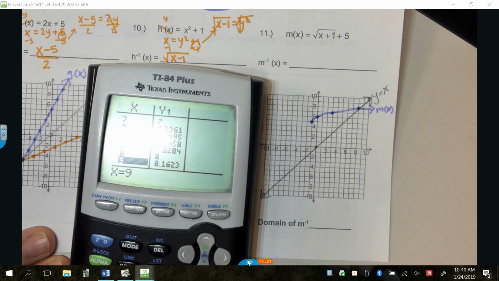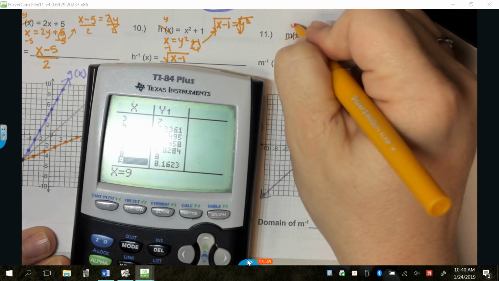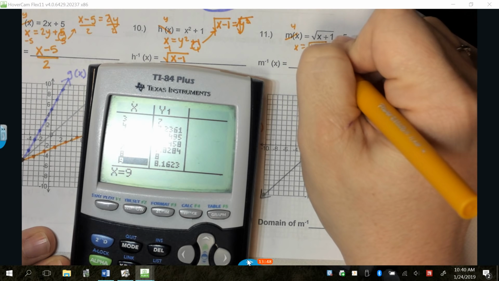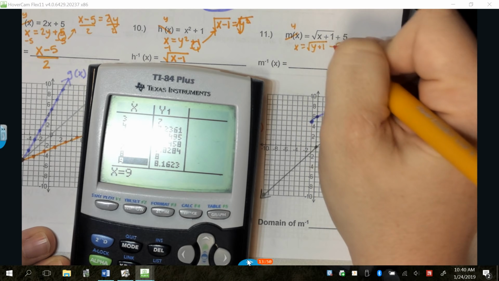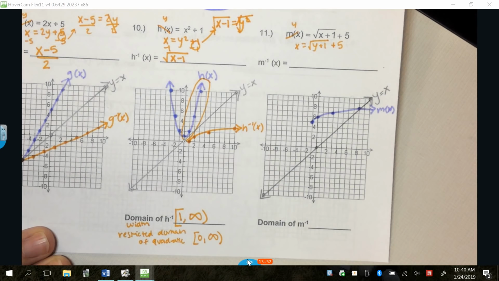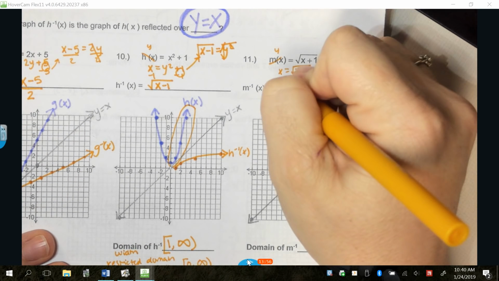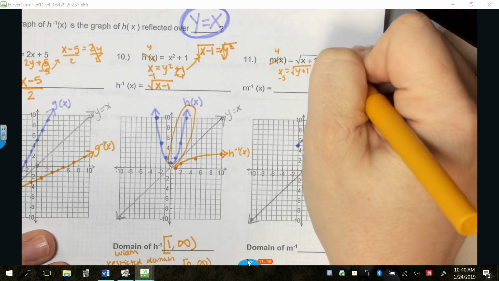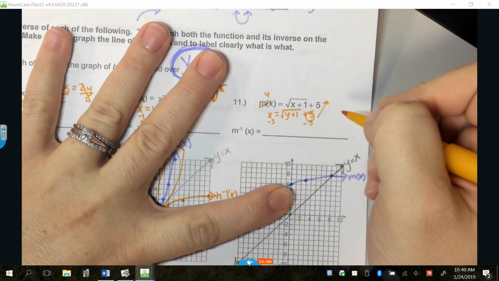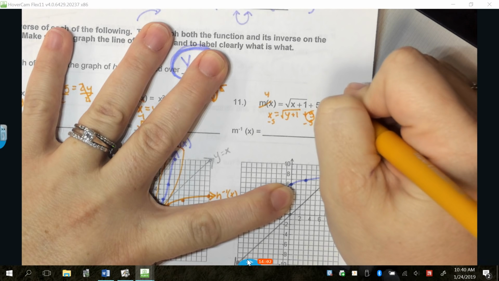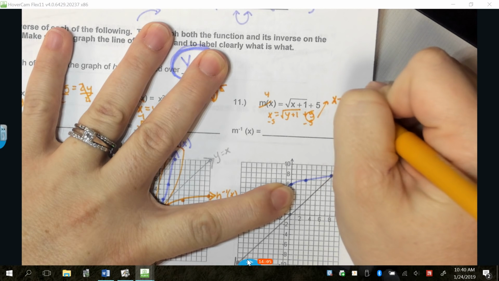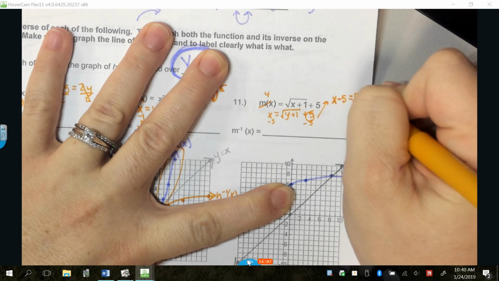So to find my inverse, I'll say x equals square root of y plus 1, plus 5. So to get rid of the plus 5 first, because it's on the outside, we'll subtract 5 from both sides, and I get x minus 5 equals square root of y plus 1.